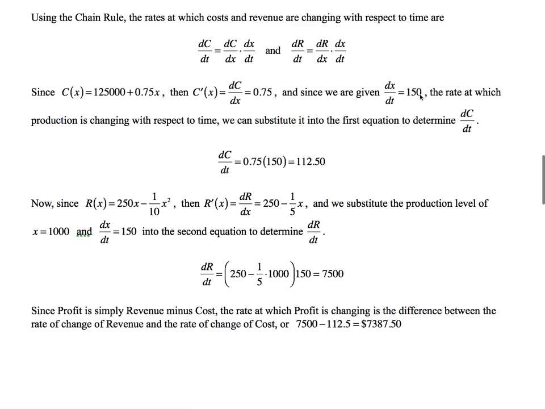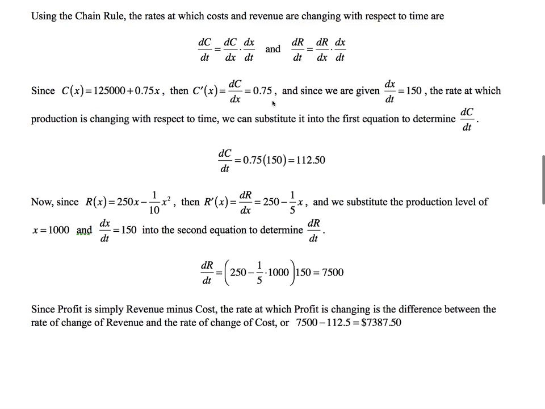And so that's a very easy substitution. You have the 0.75 for your dC/dx, and dx/dt is 150. You substitute that in, you multiply, and 0.75 times 150 is 112.5. Now, that's our dC/dt, the rate at which cost is changing with respect to time.